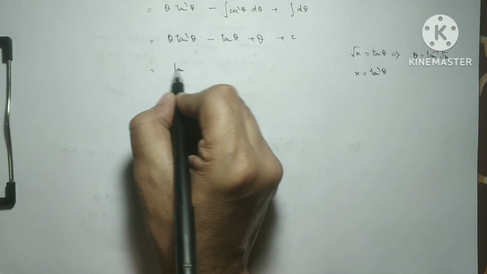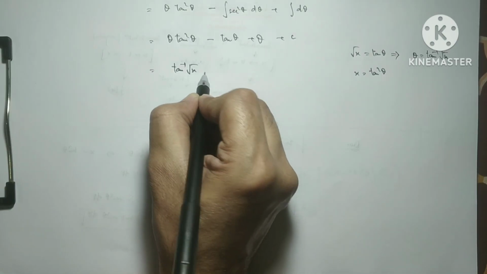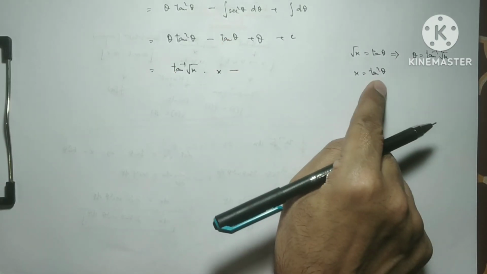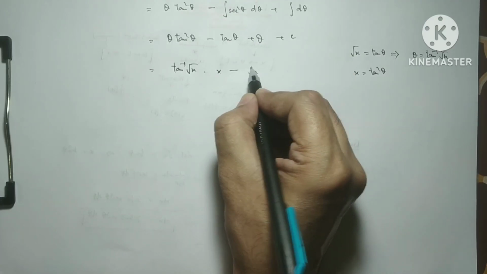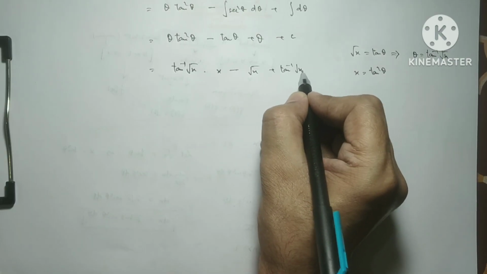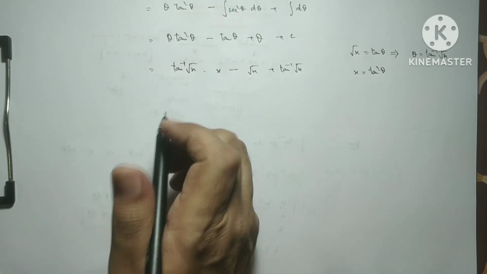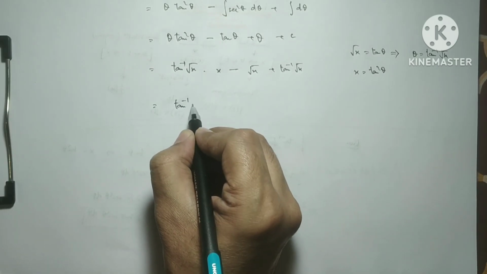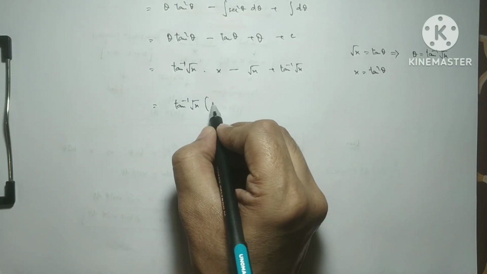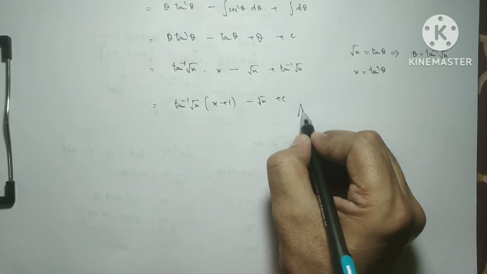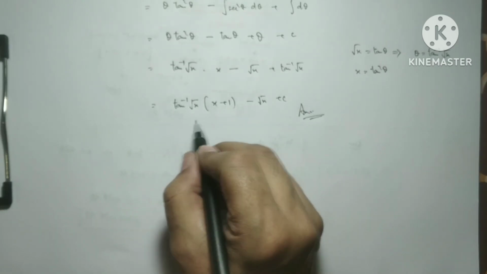So theta is tan inverse root x, and the value of tan square theta is x, minus tan theta is again under root x, and theta is tan inverse root x. So in these two parts we will take tan inverse root x as common. So we get x plus 1 minus root x plus c. So this is the answer in terms of x.